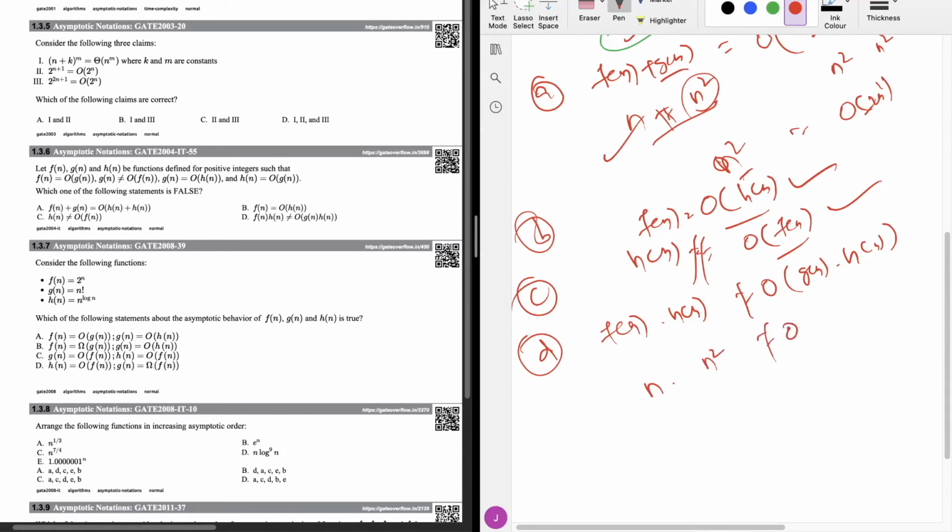Here I can take n squared times n squared, which is n to the power 4, and the other side is n cubed. It should satisfy, right? Because n to the power 4 is greater than n cubed, so I can write it as big O of n to the power 4. But it is given in the option that it is not equal to big O of n to the power 4. That means it is false. The correct option for the question is option D.